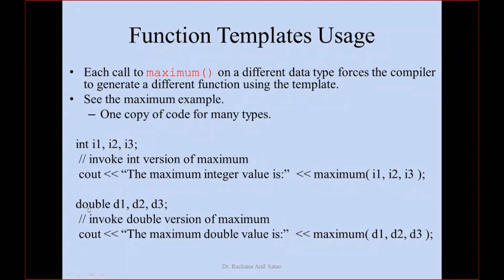Then I'm declaring double variables d1, d2, d3 and calling the same maximum function with d1, d2 and d3. The compiler will understand that the first time it has to work with integer variables and the second time with double variables.